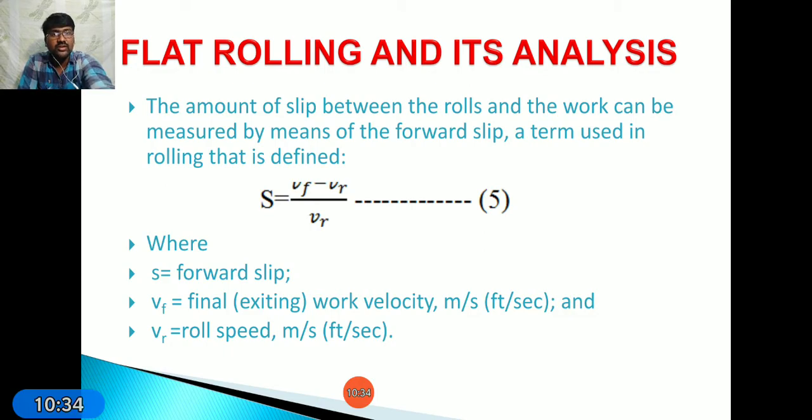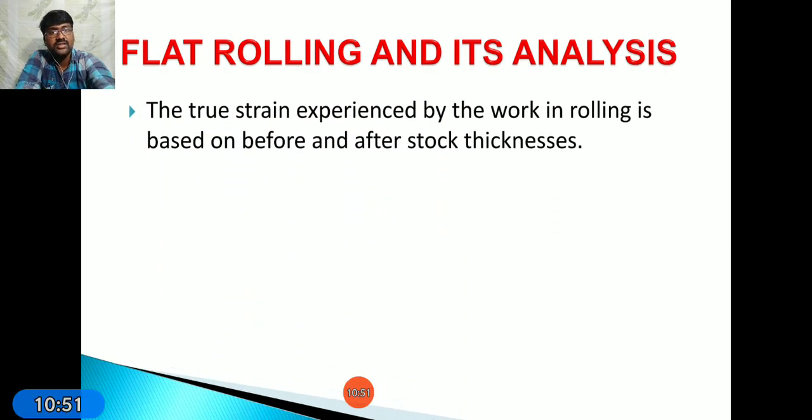At the neutral point, Vf is equal to Vr, that is work velocity and roll surface velocity are the same, so the slip at the neutral point is 0. Next, the true strain experienced by the work in rolling, based on the before and after stock thickness.